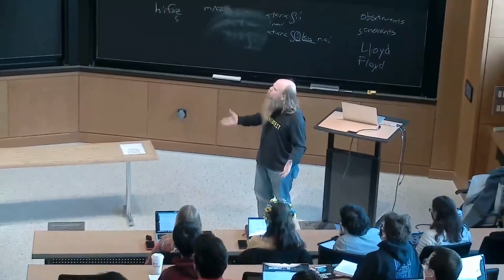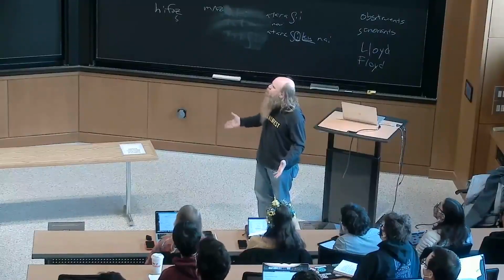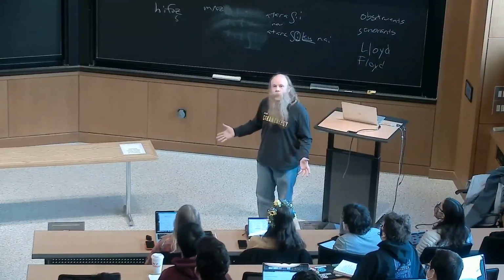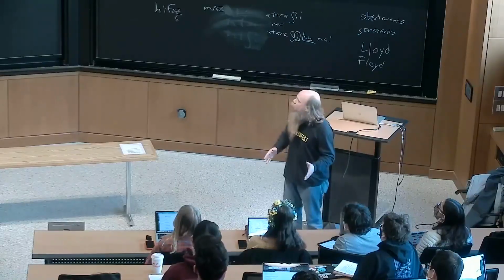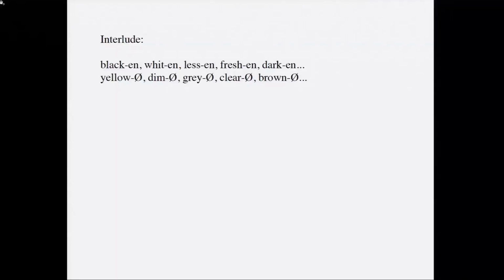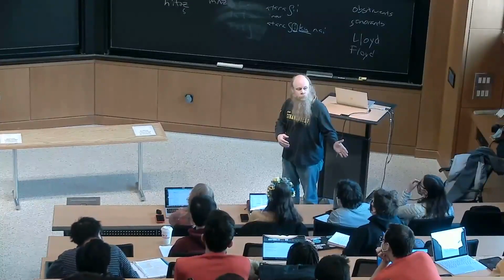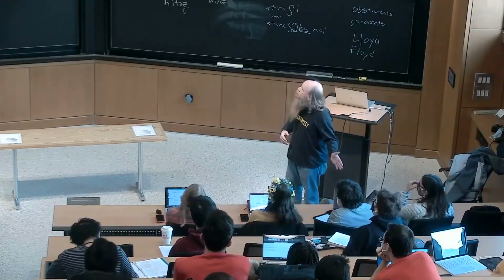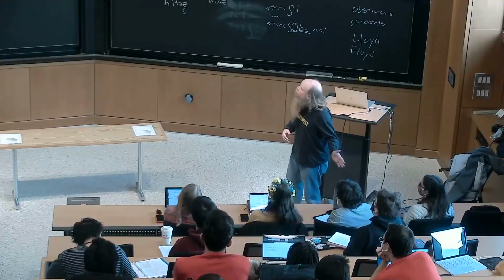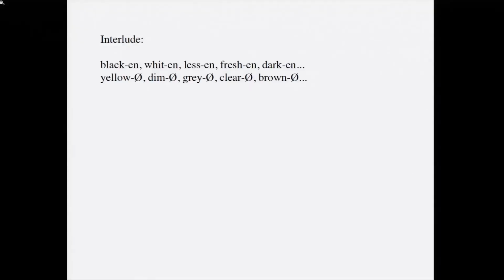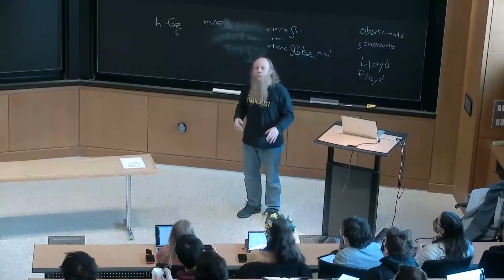What's the difference between black, white, less, fresh, and dark on the one hand, and yellow, dim, gray, clear, and brown on the other? In the first line, black, white, and dark end with voiceless stops, and less and fresh end with voiceless fricatives.